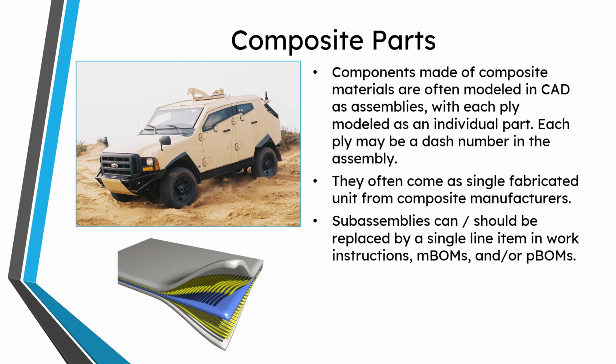But once you figure out what this composite part is going to be, you're going to go out to your manufacturers, and they're going to take care of building the component. They're going to deliver it to you often as a single unit.